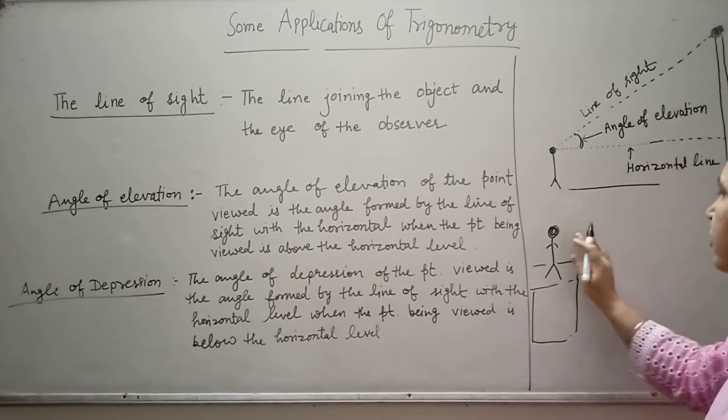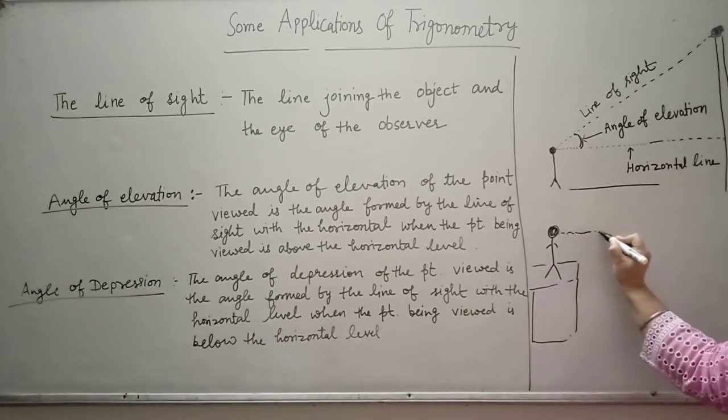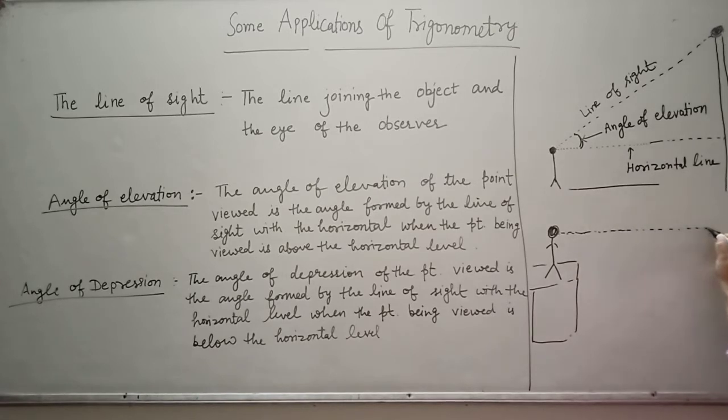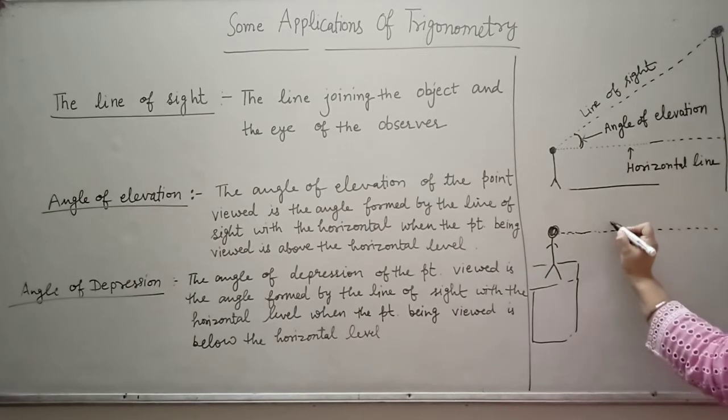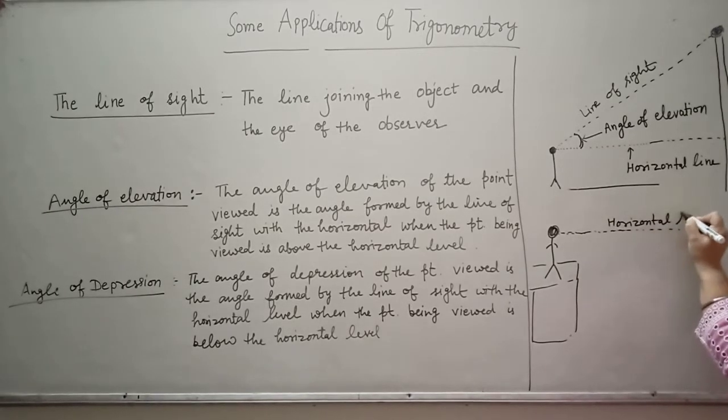First of all, we draw the horizontal level. This is the horizontal line. Now this person is watching this stone which is below this horizontal line. This is lying below this horizontal line.